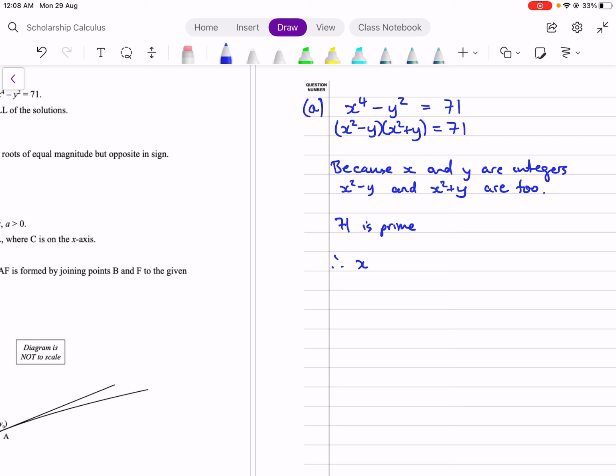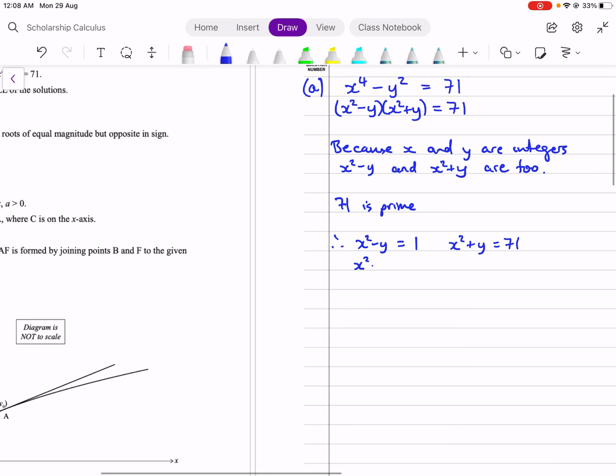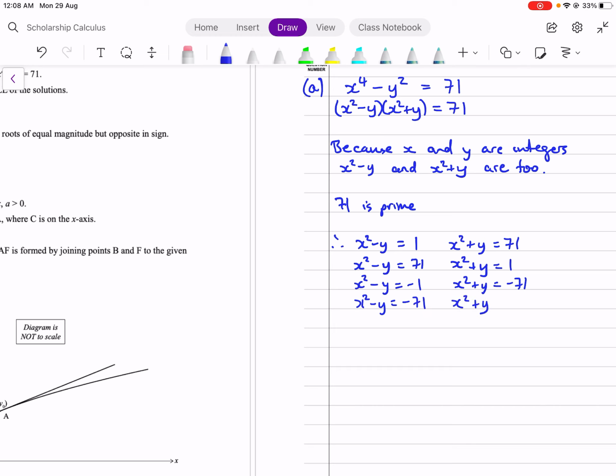Therefore, x squared minus y equals 1, x squared plus y equals 71, 1 times 71, or the other way around. Or you could do the negatives. Turns out two of them don't work.